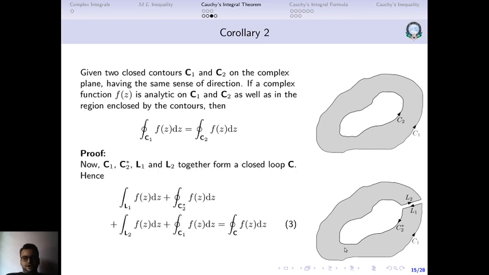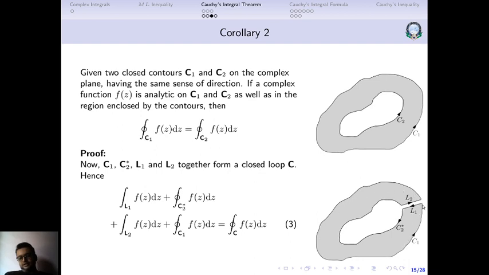Now you've observed this. Earlier we had two boundaries: an outer boundary and an inner boundary, C2. Now we have reversed C2 to get C2 star and put in two cuts. Now this boundary has become one single boundary, because you start from L1, then go around C2 star, then go along L2 and then go along C1.